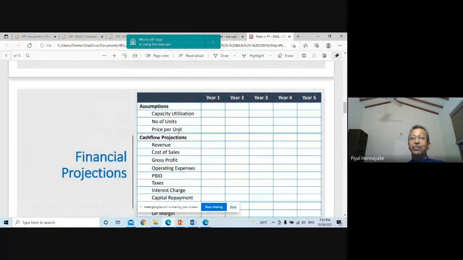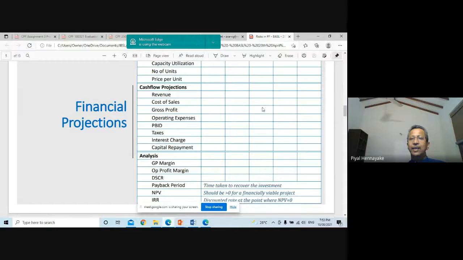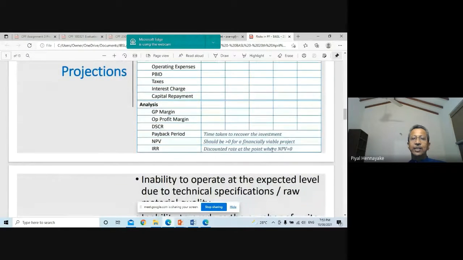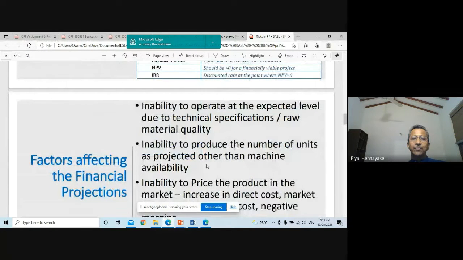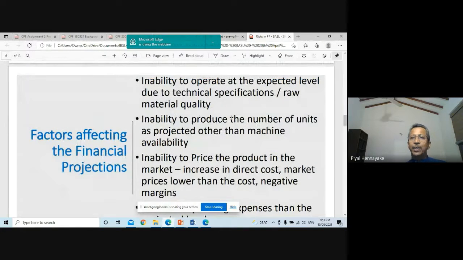Then the financial projections, you make different assumptions and do the financial projections. So what are the factors affecting financial projections? Inability to operate at the expected level due to technical specifications and raw material quality. I think in this scenario, due to the lockdowns and non-availability of raw material imports, you cannot import your requirements.